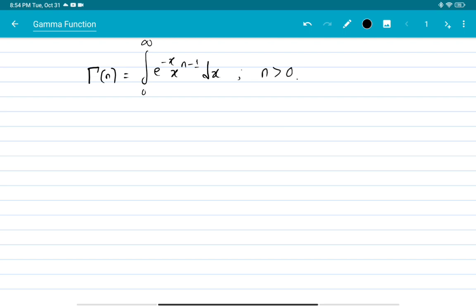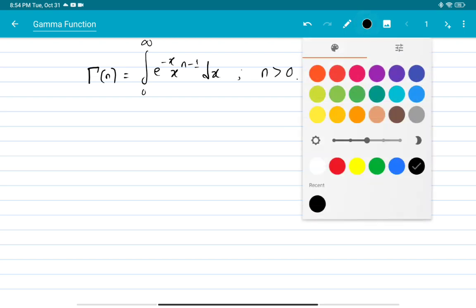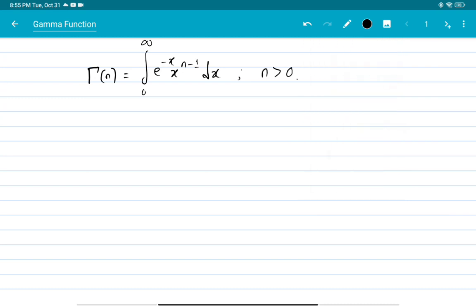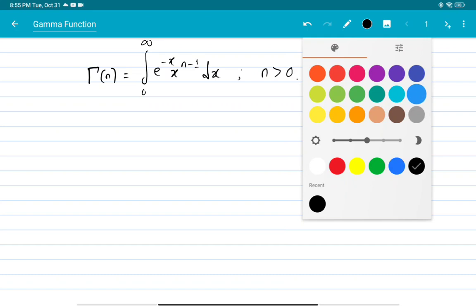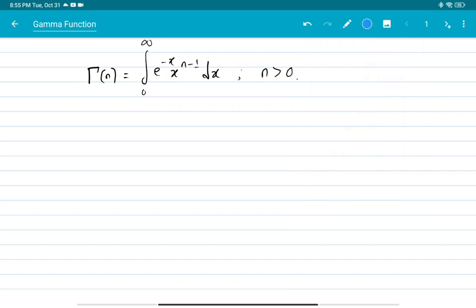We'll start by claiming that this is the setup of the gamma function.